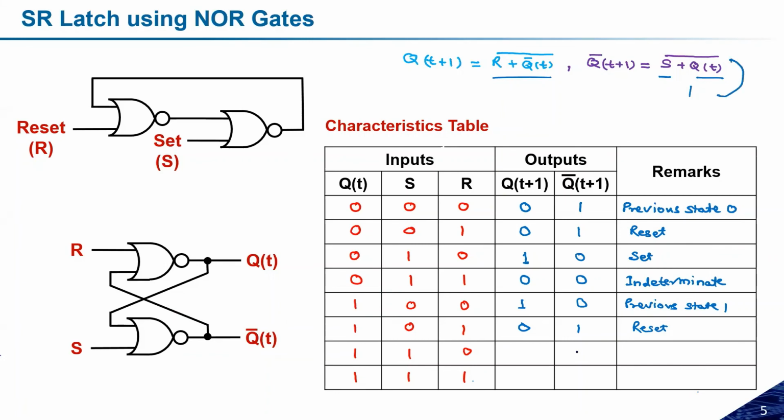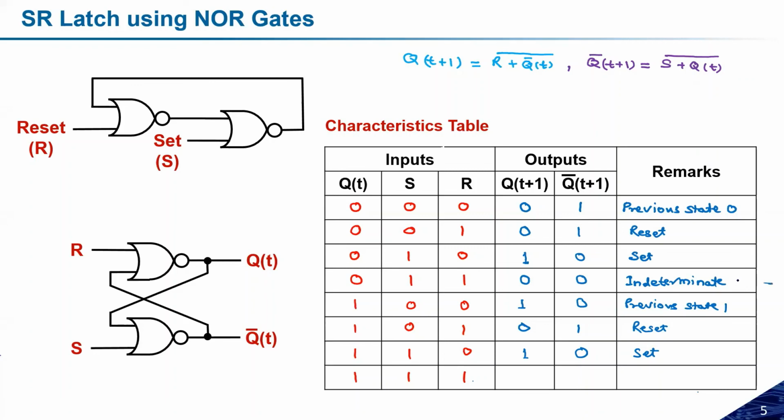So Qt plus 1 bar will become 0, and with R equal to 0, 0 plus 0 will become 1. So here I will get 1. What does it mean? I am setting it. This is the set.